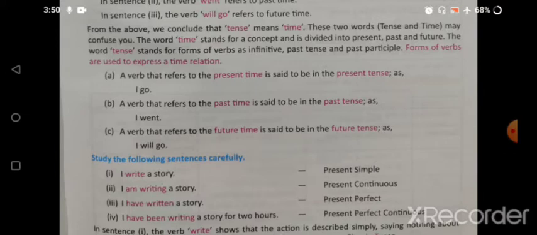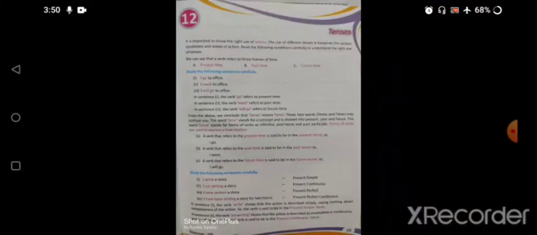Now you might think, how will it be possible for us to construct sentences with all these 12 kinds of tenses? Every kind of sentence has a rule that has to be followed while we are constructing the sentence, which is on the next page.